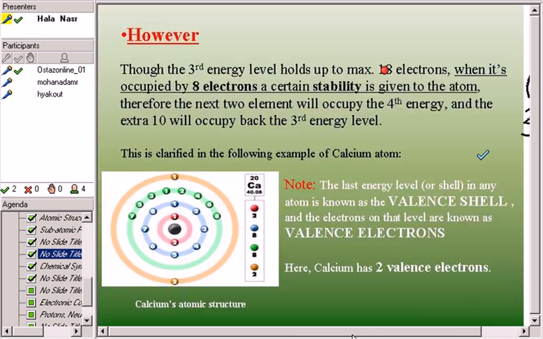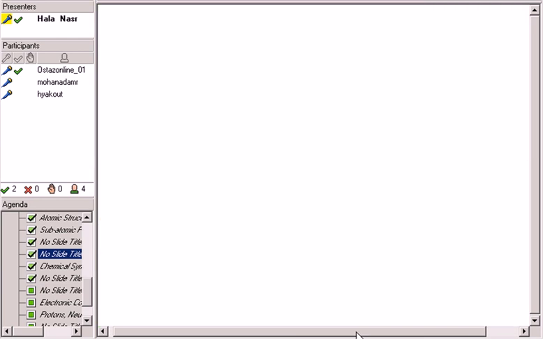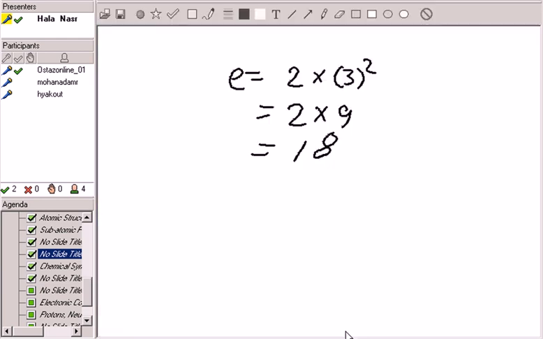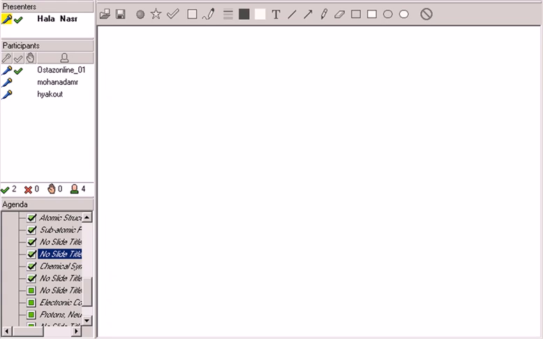Mr. Ahmed, it prefers, very good. It prefers to carry 8. Good. So in that case, I still have 10, yes, but I can't put the whole 10. The atom will not be stable. So I put 8 at the third energy level, and whatever is left, like the left 2 electrons, I put them on the fourth.